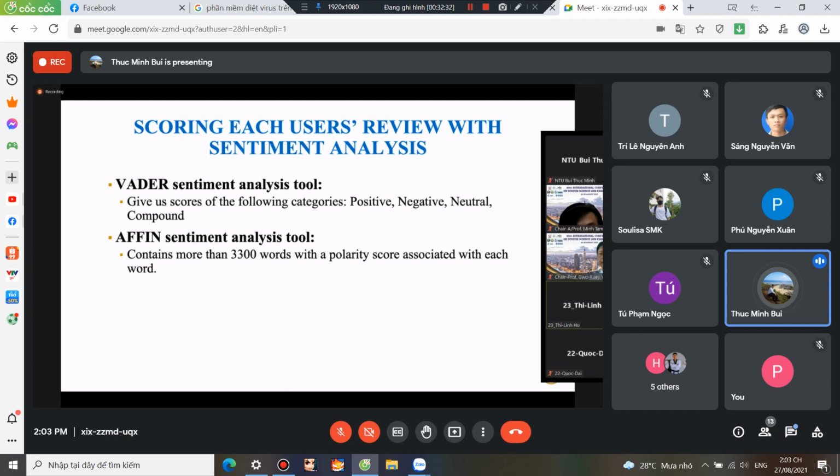In our study, we use two sentiment analysis tools, VADER and AFINN. The VADER tool gives us scores in the categories positive, negative, neutral, and compound. The AFINN tool contains more than 3,300 words with a quality score associated with each word.